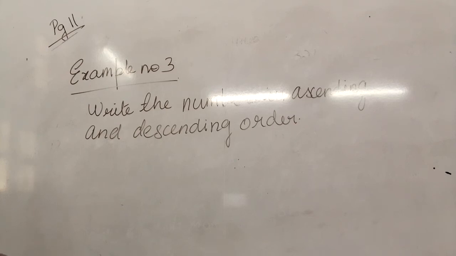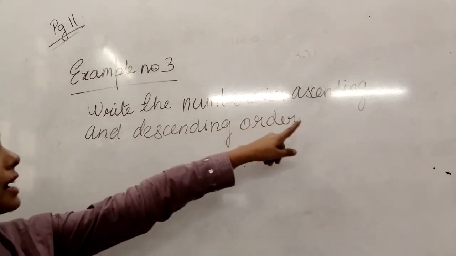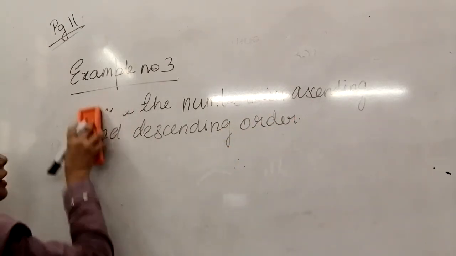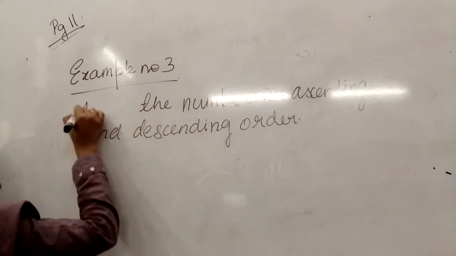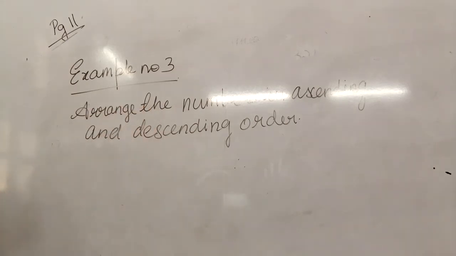You have to write these numbers in ascending and descending order. Okay, the numbers which I will be giving you here, you will arrange them. I will not write, but arrange it. So what will you write here? Arrange. You will arrange the numbers in ascending and descending order.